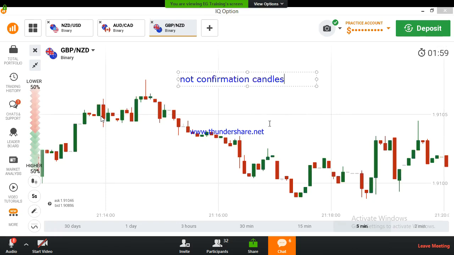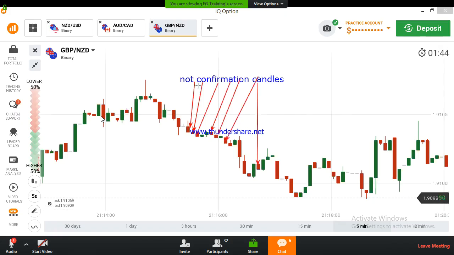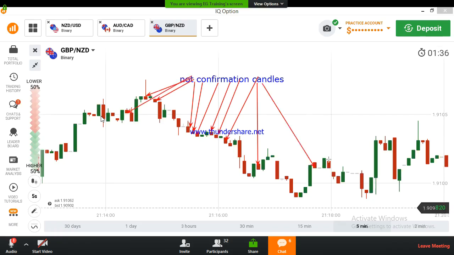These are not confirmation candles. I will show you now. These candles, if you want to place a lower option, you can't take these candles as confirmation candles because these are the weak candles. These are the weak candles we can't trust.